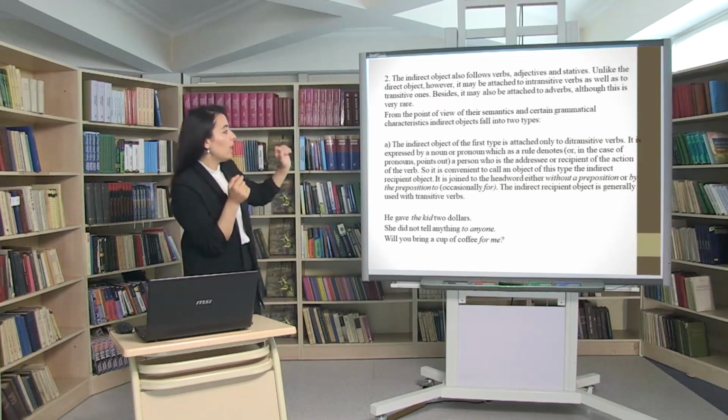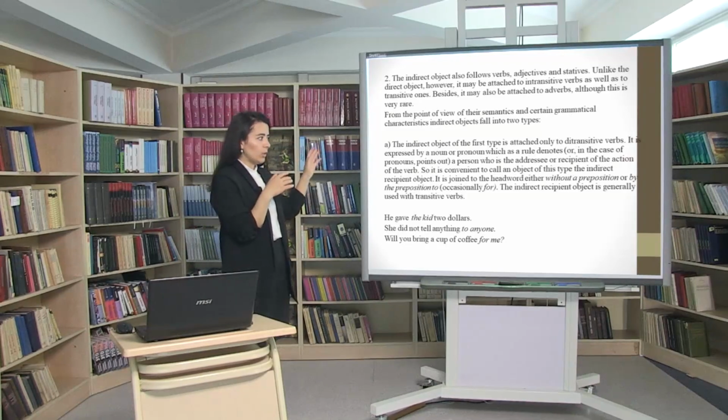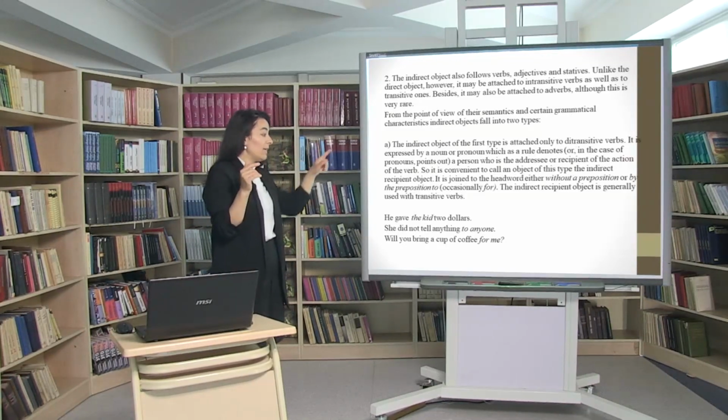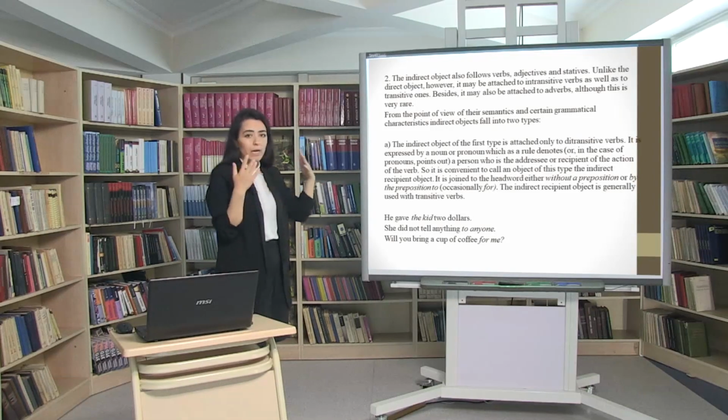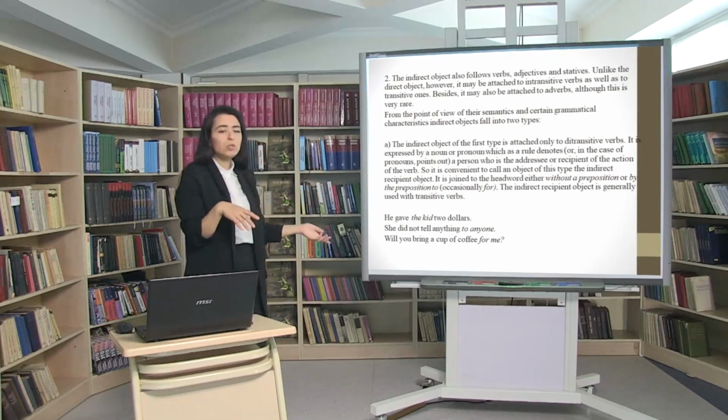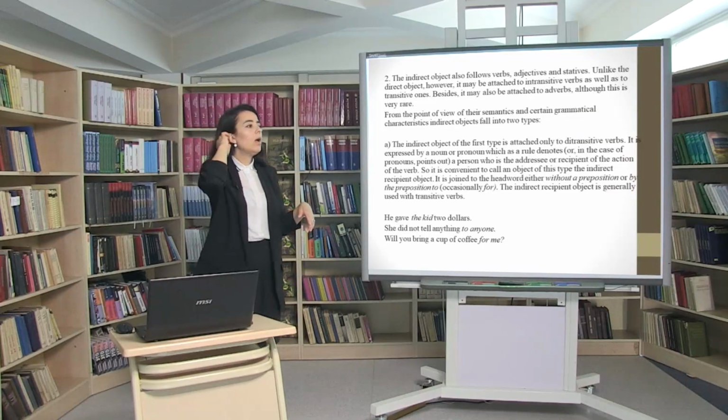So it's convenient to call an object of this type the indirect recipient object. As I said, recipient object is joined to the head word either without a preposition or by the preposition to.